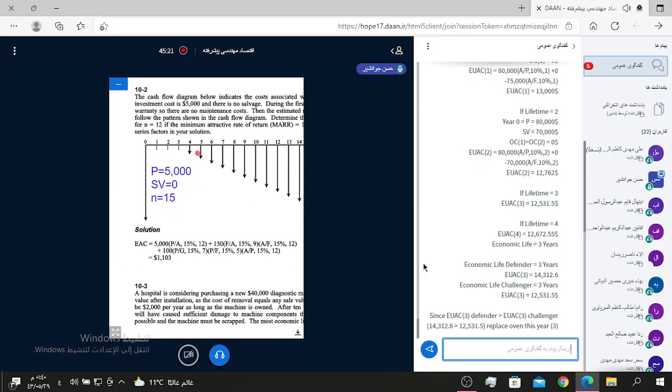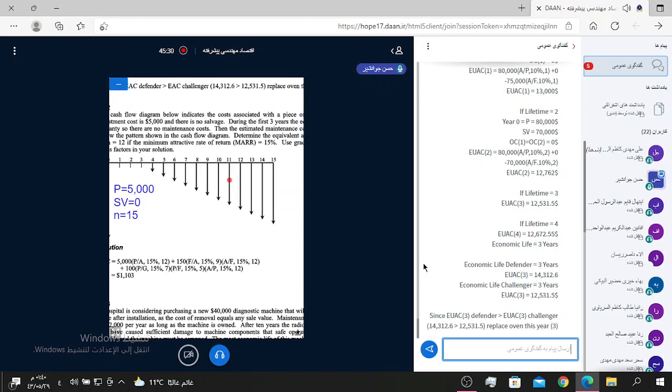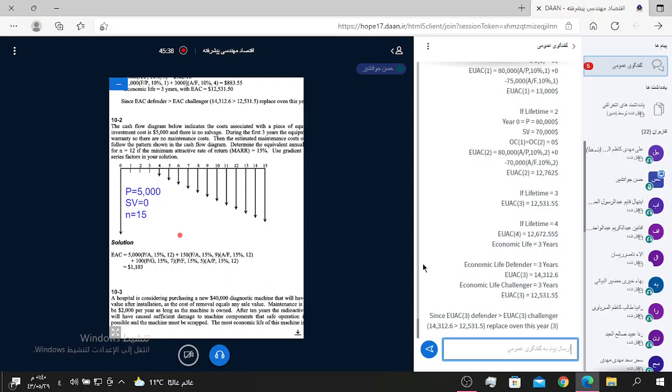In the pattern, I can find the maintenance cost. You can find this number in the example.